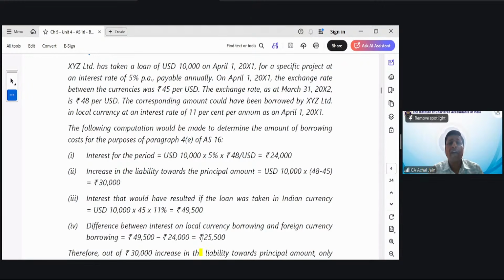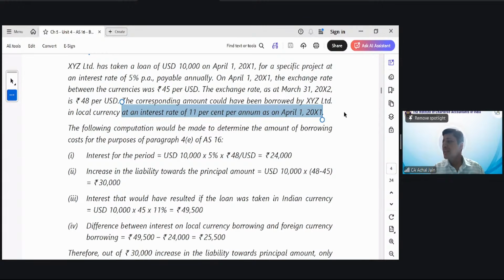The corresponding amount, so the loan is not yet paid. So at the year end, what do you do? You will have to restate the loan. Remember? Now, there is one more information available in the question. This is interesting. It says the corresponding amount could have been borrowed by the company in local currency at interest rate of 11% per annum on 1st April X1.